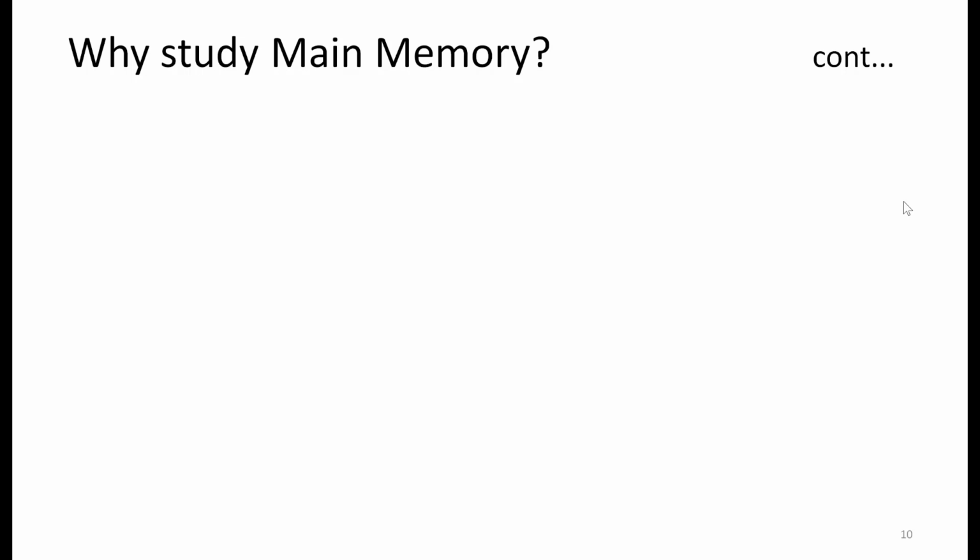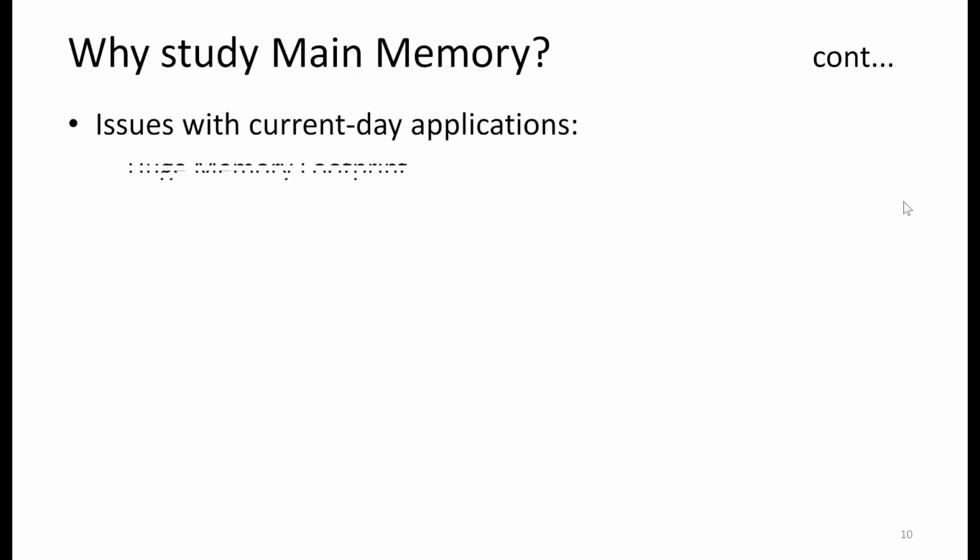Some more motivation on why we should study the main memory. Over the years, the nature or the characteristics of the applications we run has changed dramatically. The issue with present day applications is that they are very huge. For example, we have the big data applications.